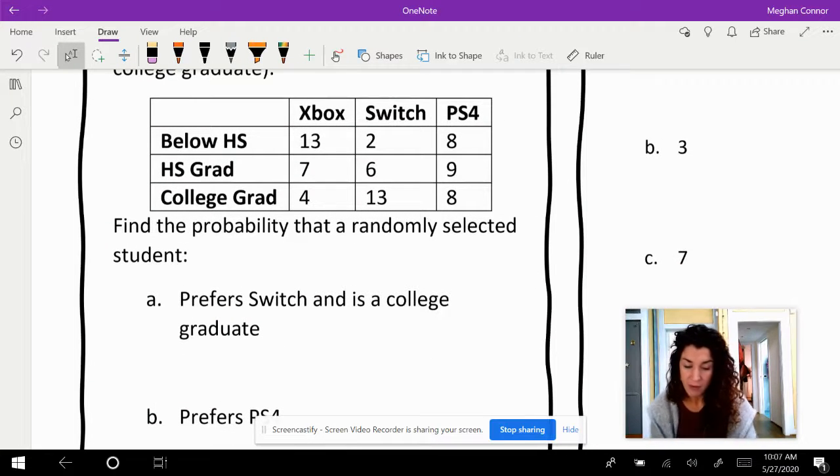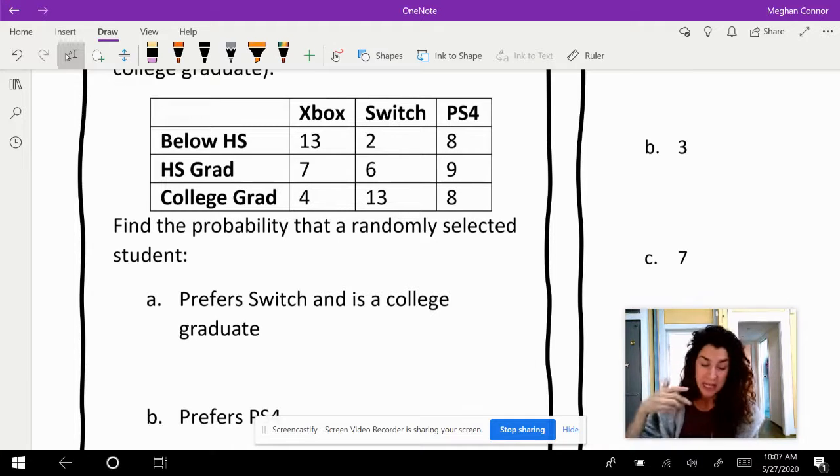Find the probability that a randomly selected student would, and then here are all the probabilities we need to find. What is the probability that a student prefers the Switch and is a college graduate? We need to go to this table and find out how many people are both a college graduate and prefer the Switch, and we see that number is 13.